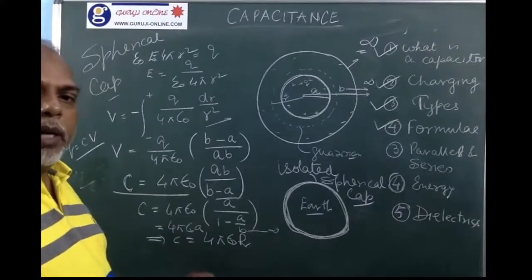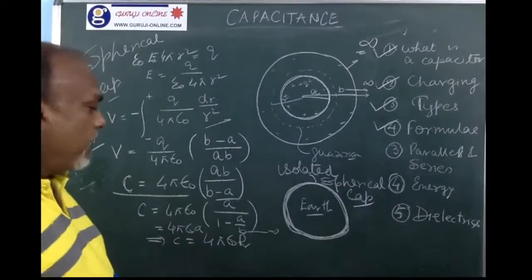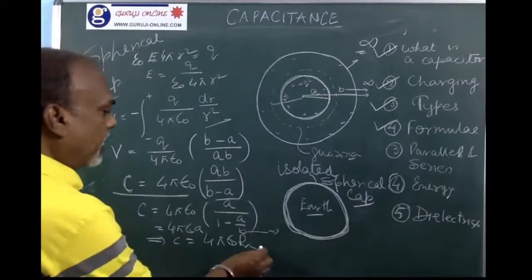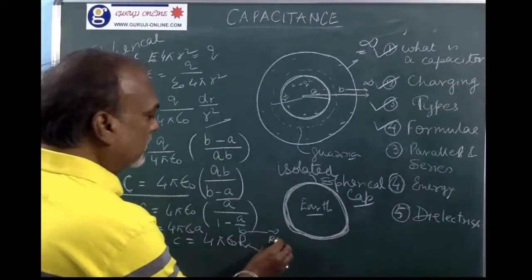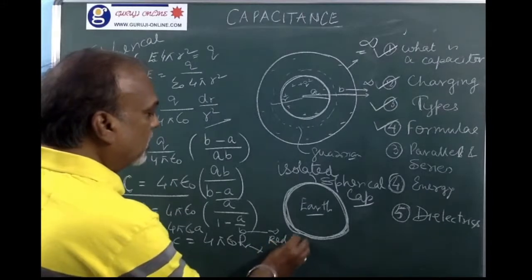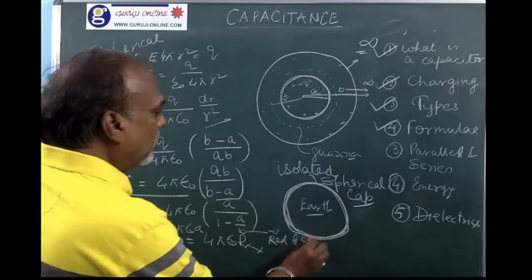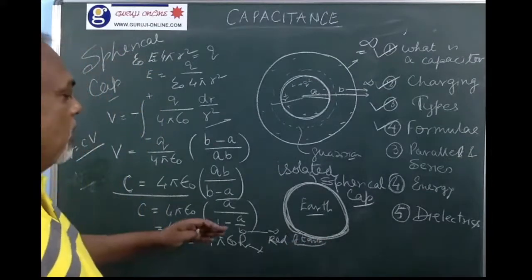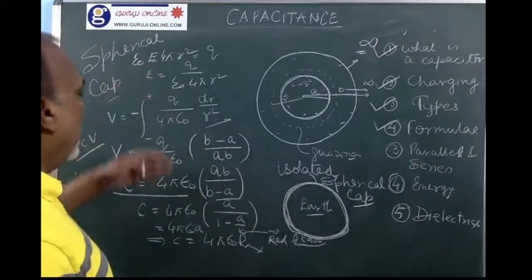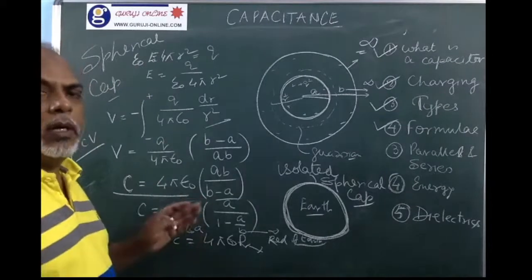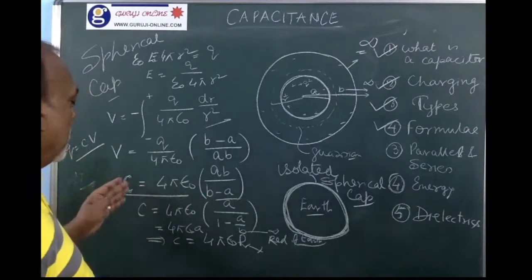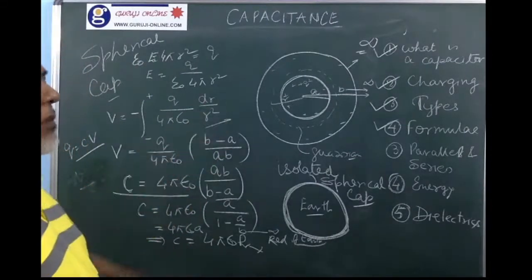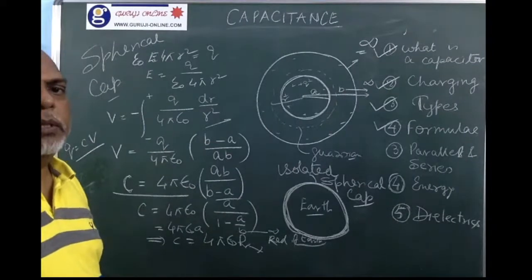R is basically the radius of the Earth. So this is how we can find out the formula for capacitance in case of different type of capacitors.